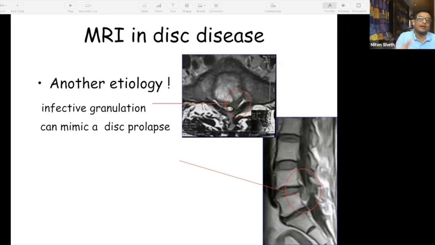That is the only thing you have to remember. So if the disc has come out and the bones, which are supposed to look like this, start looking black in color, then you have to start thinking that there is a lot of water in the body where water should not have been. It means that most likely there is some kind of an infection over here. So this is where the T1 weighted image helps.